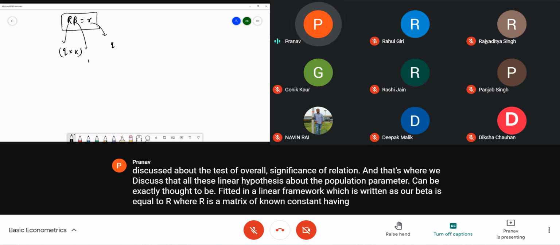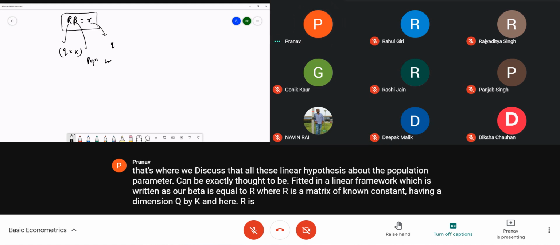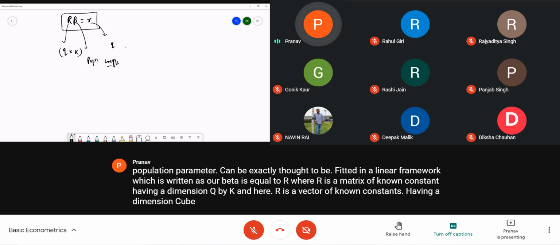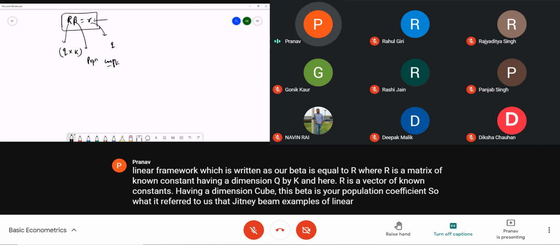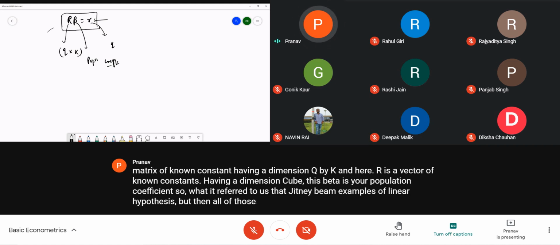This beta is your population coefficient. So what it referred to was that all of the examples of linear hypothesis we study can be exactly fitted into this general linear framework.